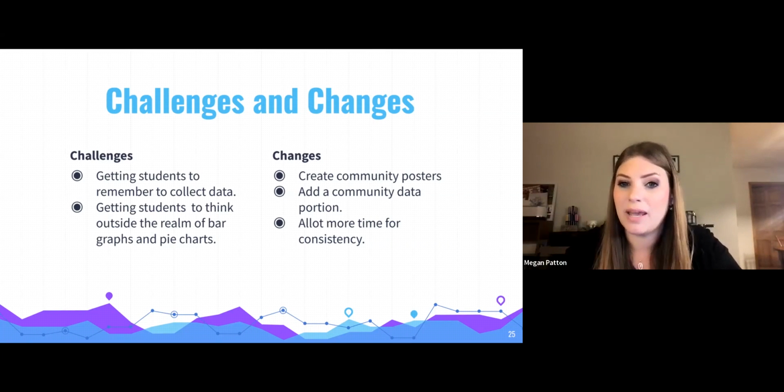Some changes that I would make, as I mentioned prior, create some community posters. I would love for them to be able to show our teachers, our students, and our community the things that they're doing and about the water that is within it. The second thing is to add a community data portion.